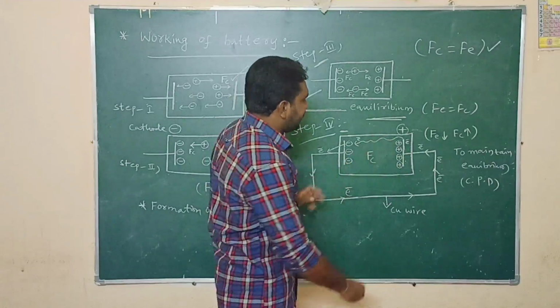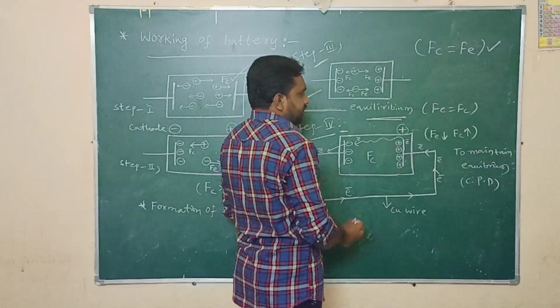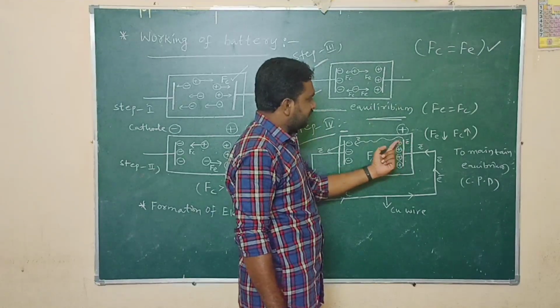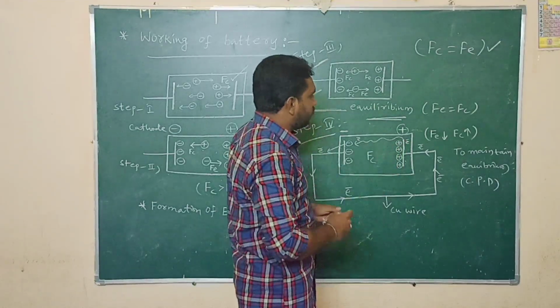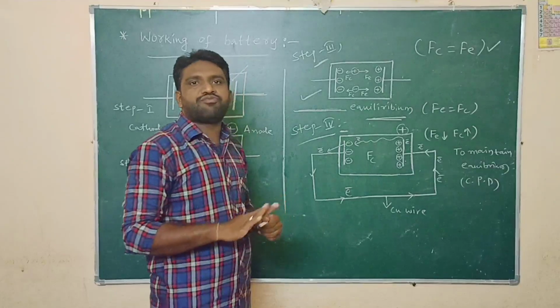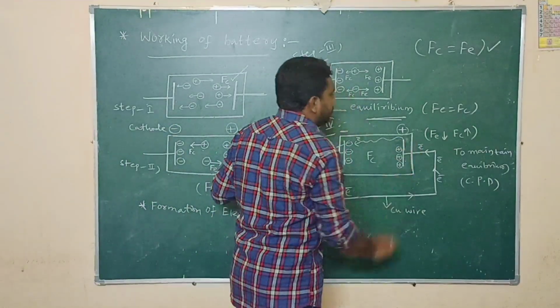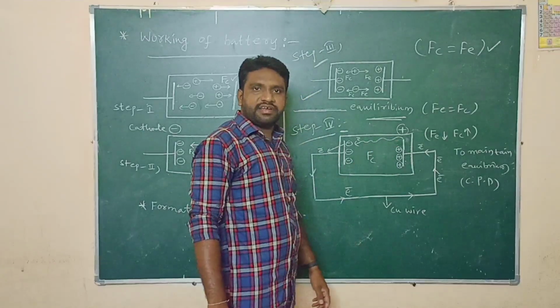Once an electron comes near the positive charge, you know that plus combines with minus, both combine with each other and become neutral. So the positive charge is continuously decreasing.